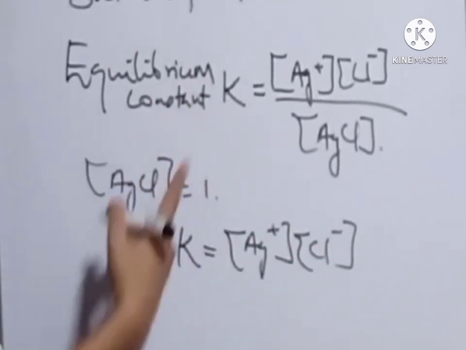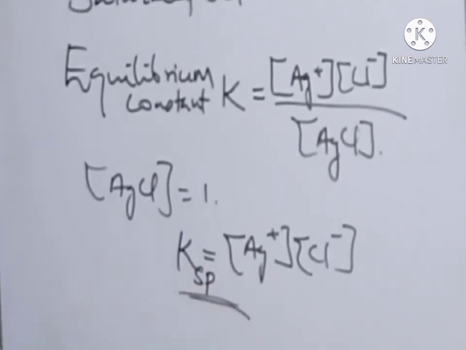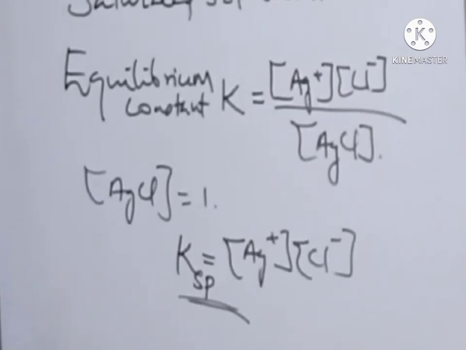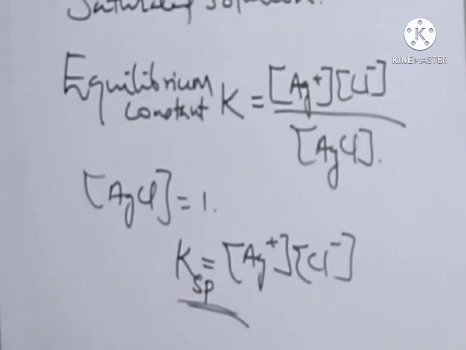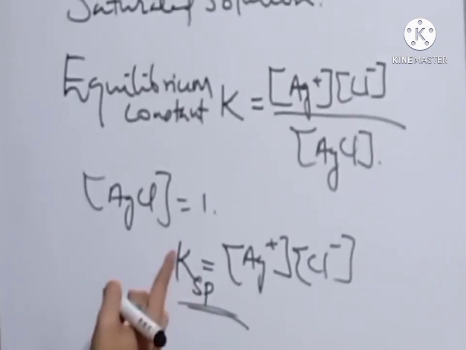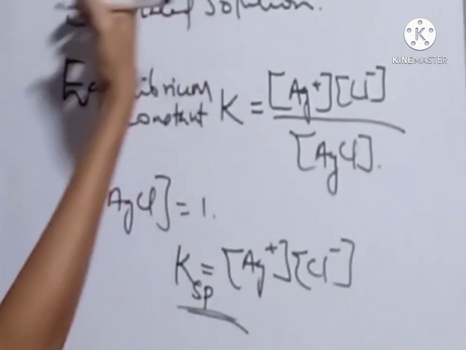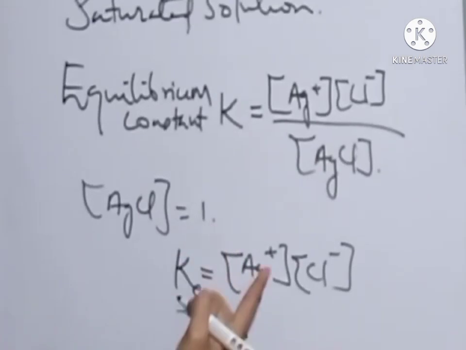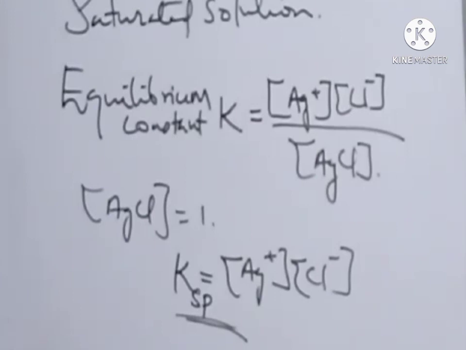We can call this equilibrium constant the solubility product, or KSP. KSP, the solubility product, is equal to the concentration of the ions in the sparingly soluble salt AgCl, that is, the concentration of Ag plus times the concentration of Cl minus.